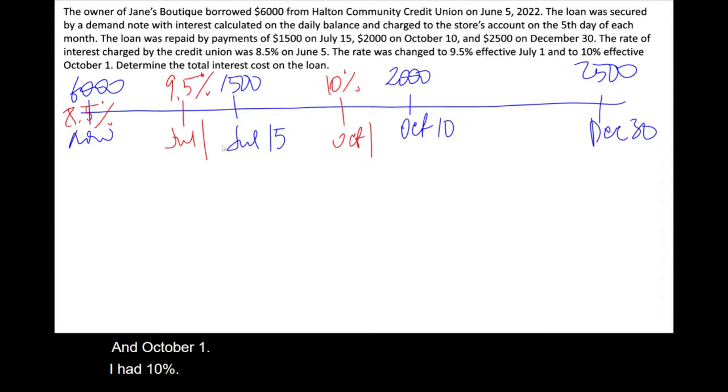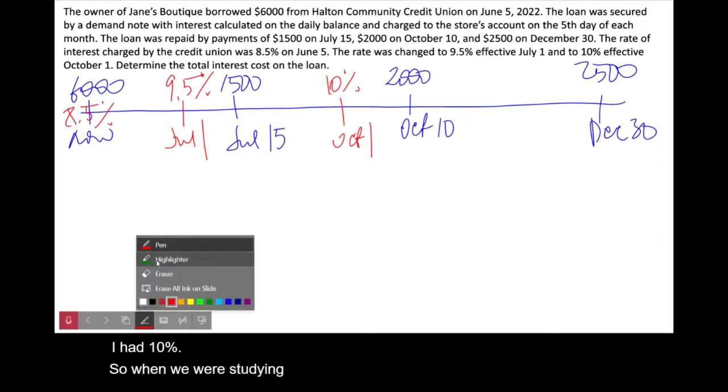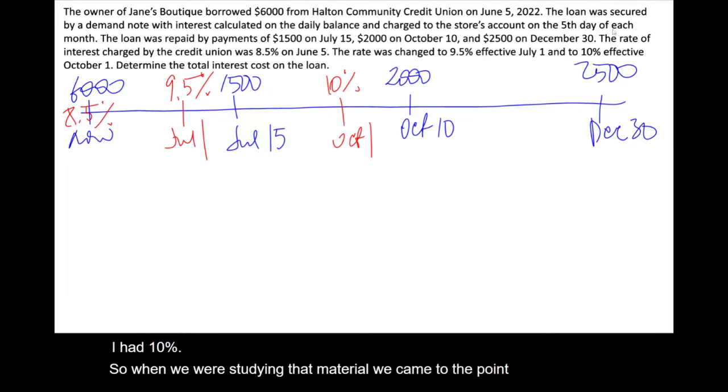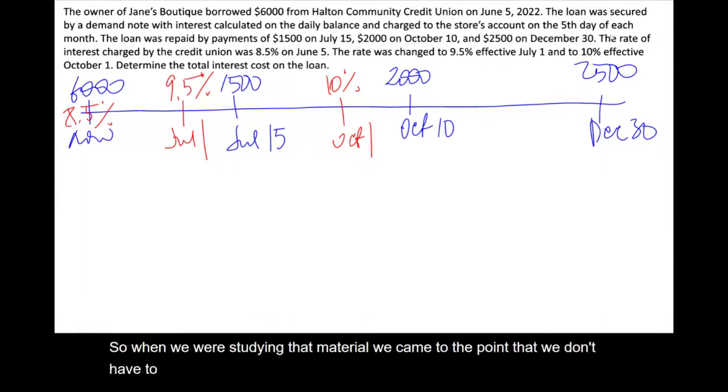When we were studying that material, we came to the point that you don't have to stop on each interest day and calculate interest, right? It would be lots of stops.